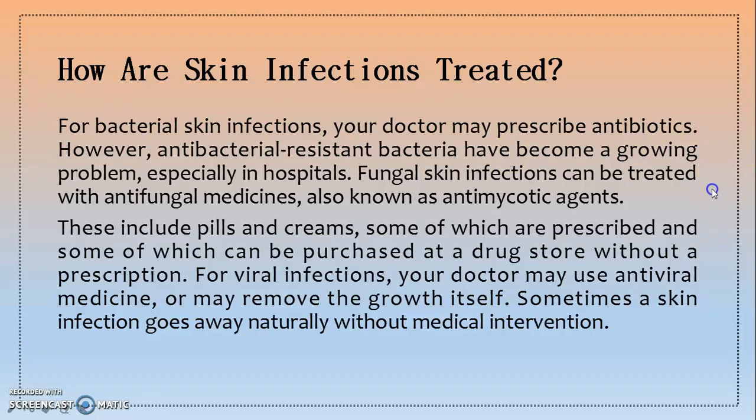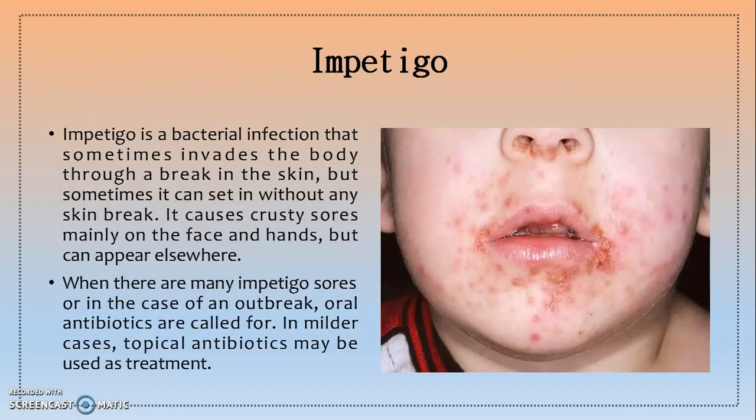So here are the three examples that I prepared. Number one skin infection is impetigo. Impetigo is a bacterial infection that invades the body through a break in the skin, but sometimes it can set in without any skin break.